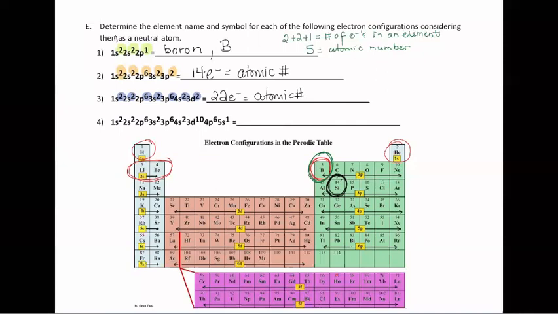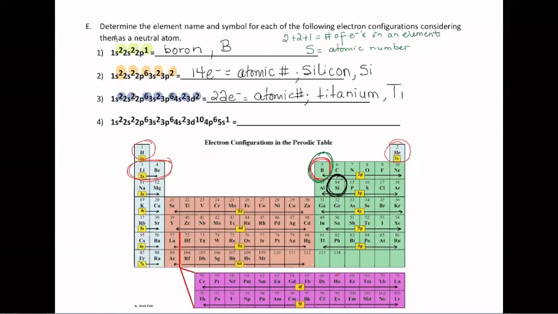Sorry, I didn't write in the answer here. So who has 22 electrons? Excellent job. Titanium, which the symbol is Ti.